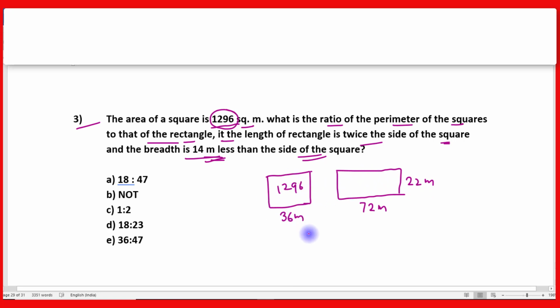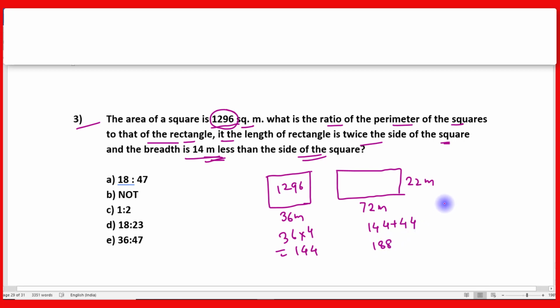So the perimeter of the square will be 36 into 4, that is equal to 144 meter. And here the perimeter of the rectangle will be 72 plus 72, that is 144, plus 22 plus 22, that will be 44, and so it will be 188 meter, and we have to find their ratio.